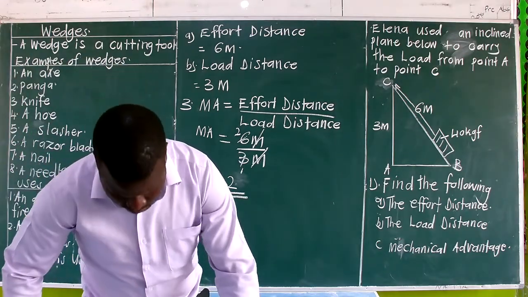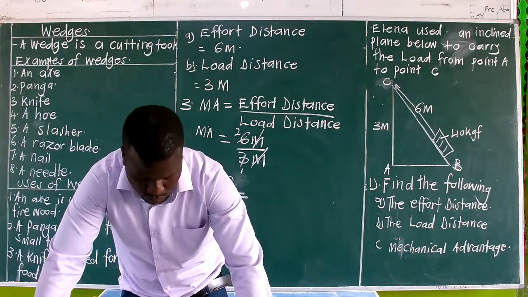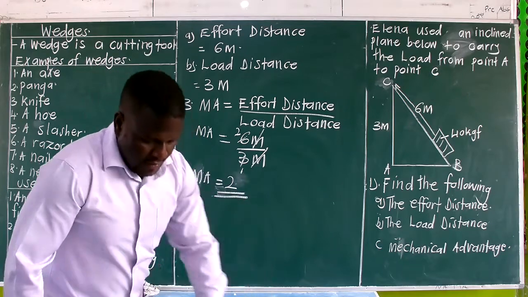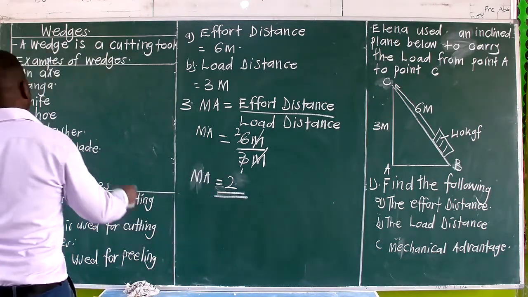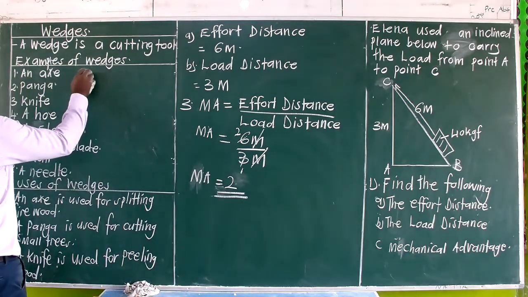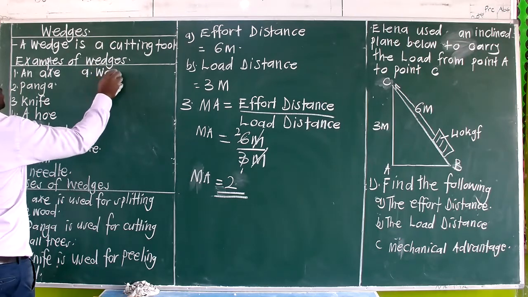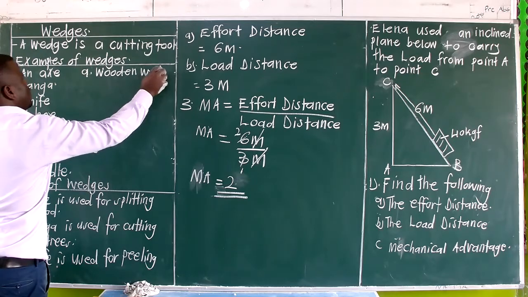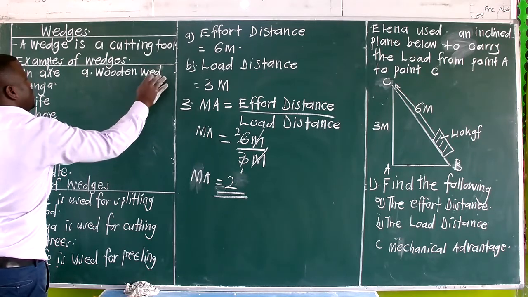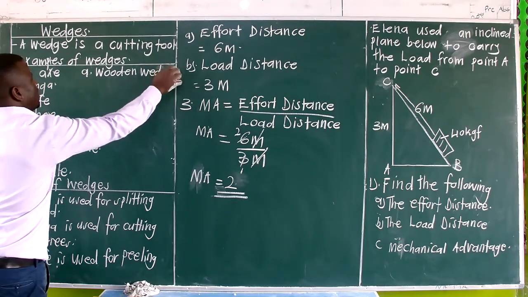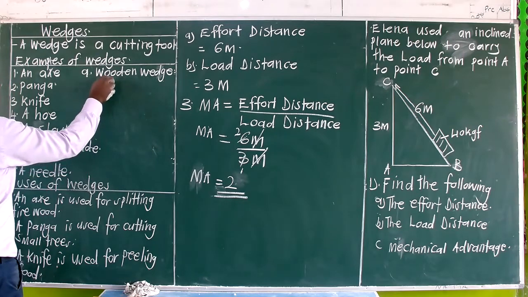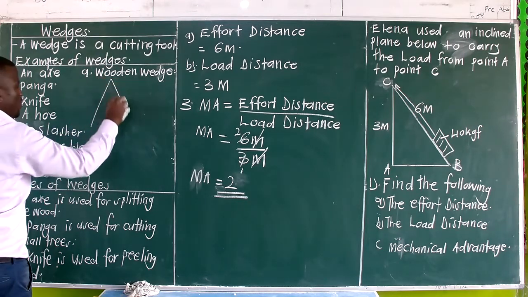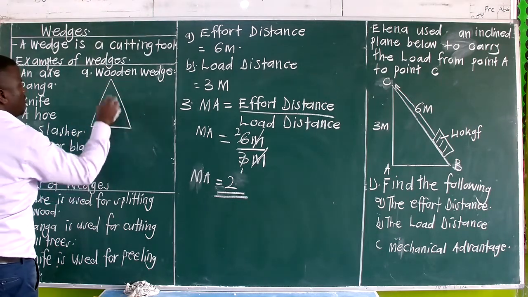Then a needle is used for sewing clothes. Then we have what we call a wooden wedge. Number 9 here, you can add wooden wedge. This wooden wedge is used for splitting firewood. This is how it looks like.